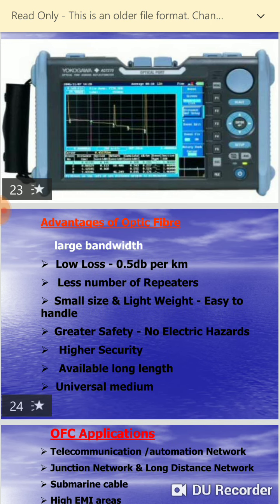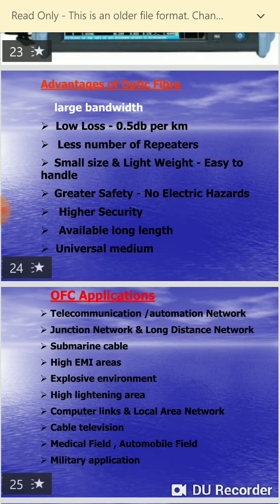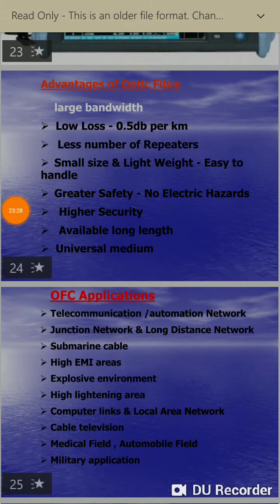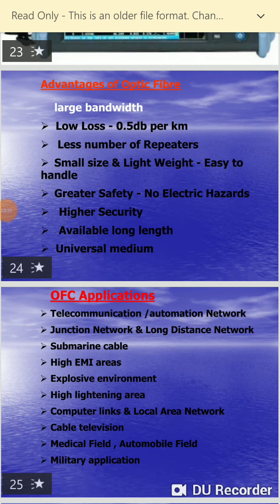Optical fiber cables are available in long length and are a universally used medium for transmission of the signal. There are multiple applications of optical fiber cable in telecommunication or automation network, in junction network for long distance transmission, in submarine cable, and in high EMI areas, because optical fiber is free from electromagnetic interference.